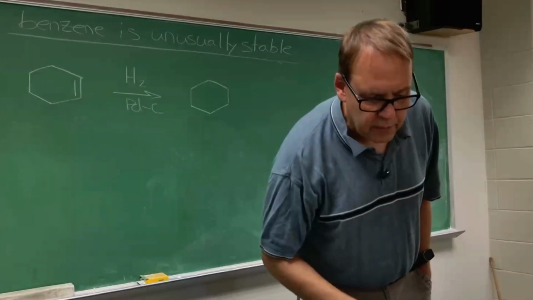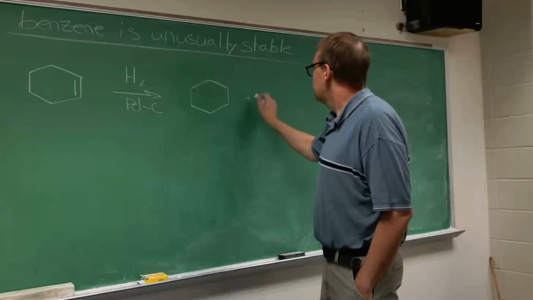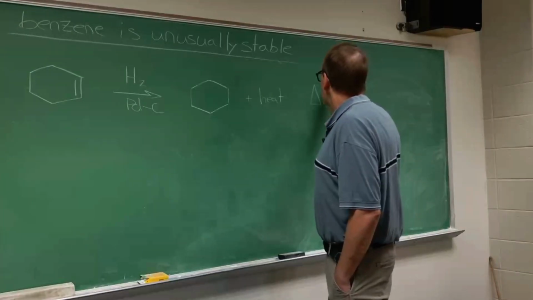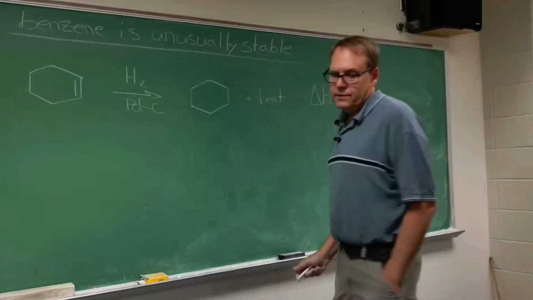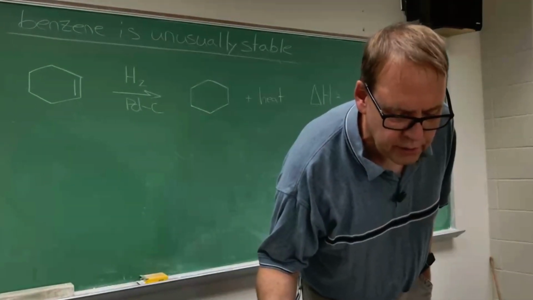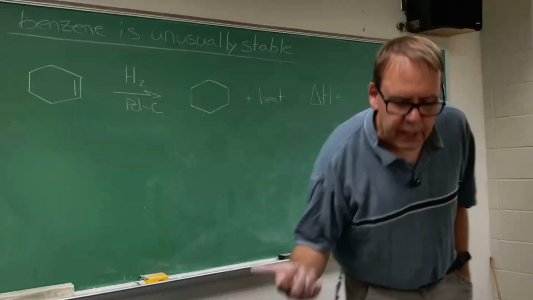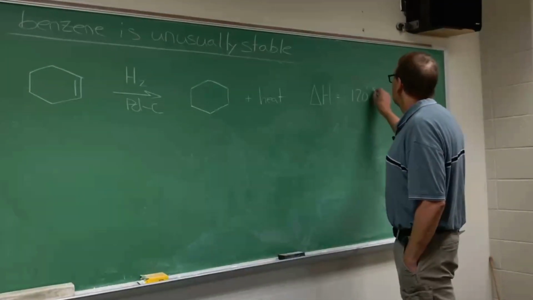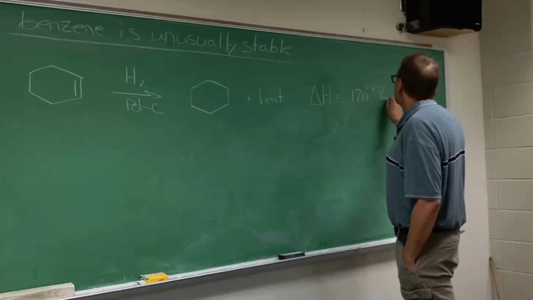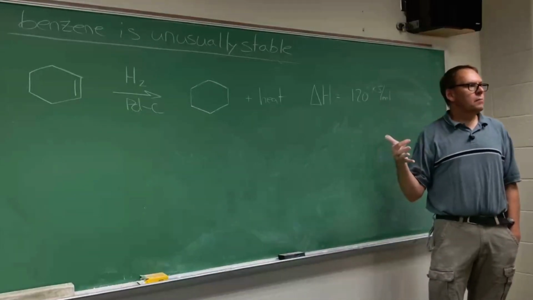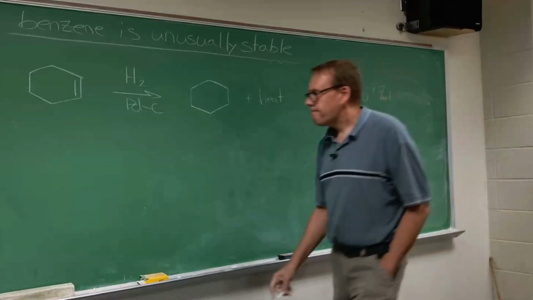The amount of heat that comes out, the delta H for this reaction, you could figure out by just measuring how much the reaction heats up. It's 120 kilojoules per mole, which by itself doesn't really help you a whole lot. But let's look at some other molecules and see how they compare.